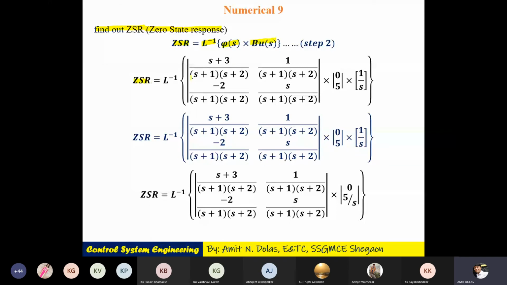So ZSR, I'll write here, what this term is nothing but sI minus A inverse is nothing but phi s into B is what 0 5 given, and U of s is what, U of s is step response, and unit step response is 1 by s. Solve this. First of all, this part is solved, this one. So solving this, you will get, of course, 0 and another element is 5 by s. We already did this.